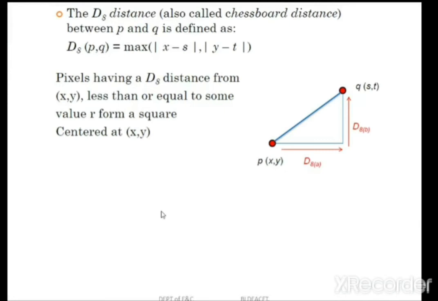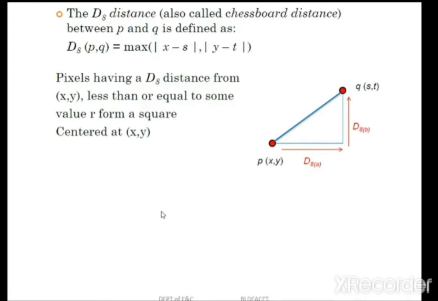To define the D8 distance between the two pixels p and q, the equation is the maximum of the absolute values of x minus s comma y minus t. So if you consider D8 distance for any pixel at location x comma y, they are going to form a square shape. That's why it is defined as chessboard distance.